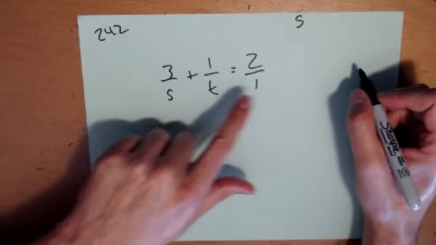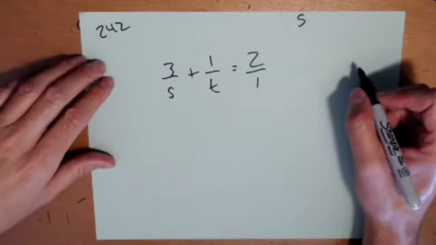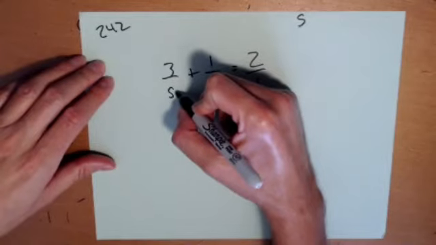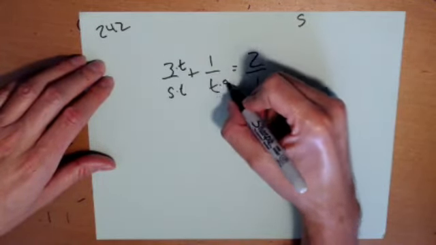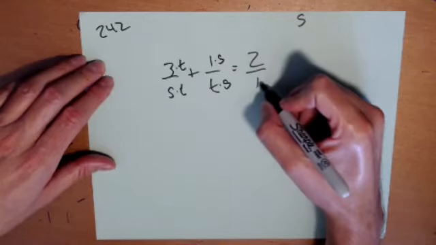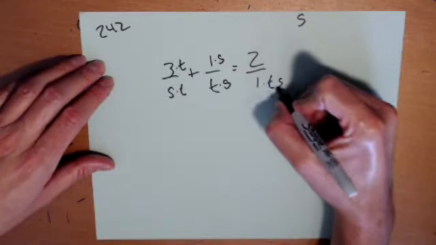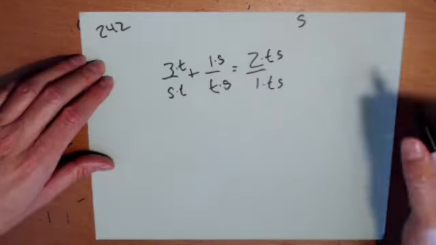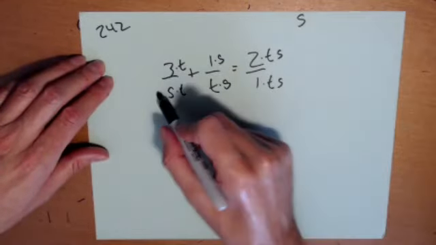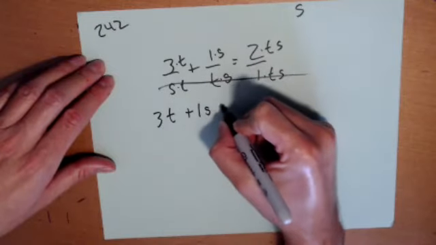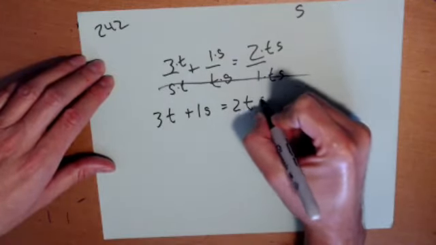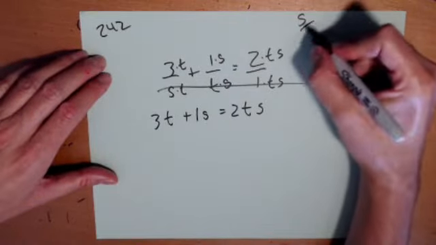I see an s, a t, a 1. So the lowest common denominator is s times t. This guy needs a t, so multiply by t. This guy needs an s, so multiply by s. This guy needs a t and an s. Are the bottoms all the same? Yes. So we have 3t plus 1s equals 2ts.